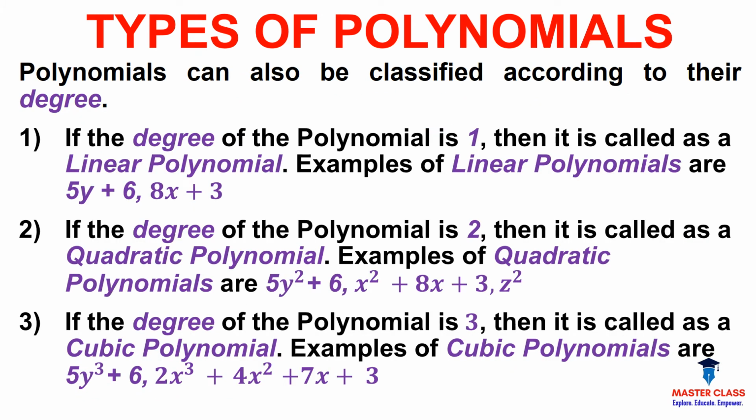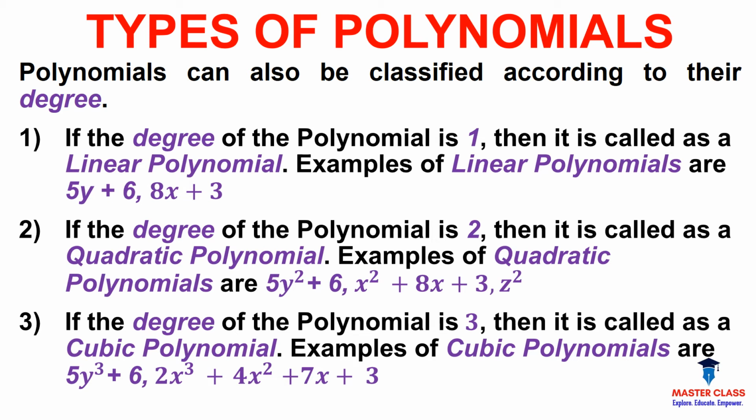Another way of classifying polynomials is according to their degree. If the degree of the polynomial is 1, then it is called a linear polynomial. Examples of linear polynomials are 5y plus 6 or 8x plus 3. If the degree of the polynomial is 2, then it is called a quadratic polynomial.